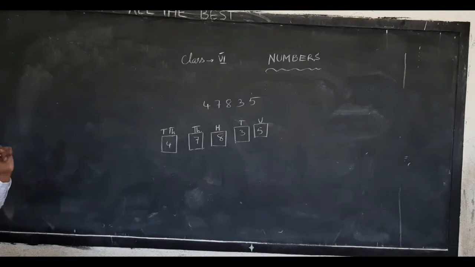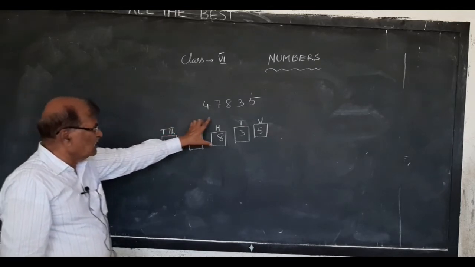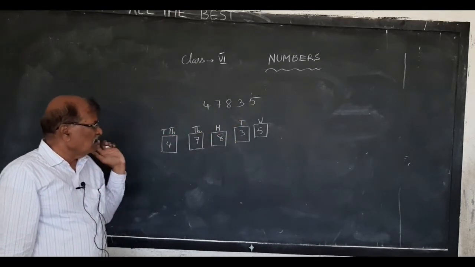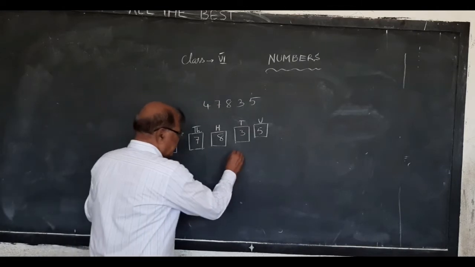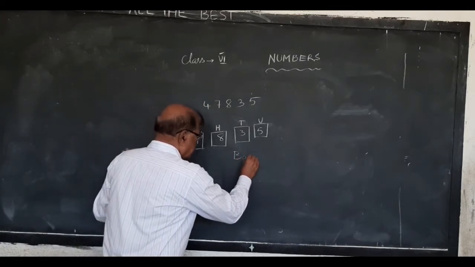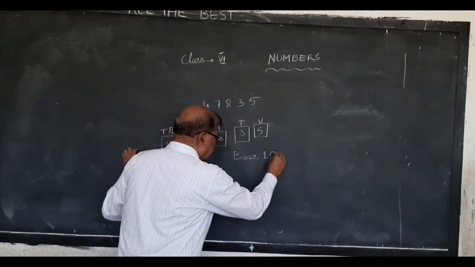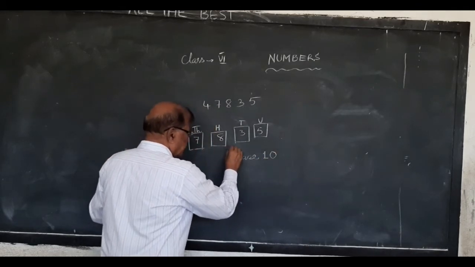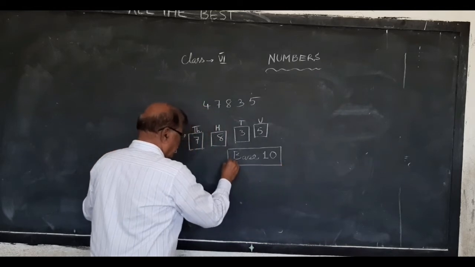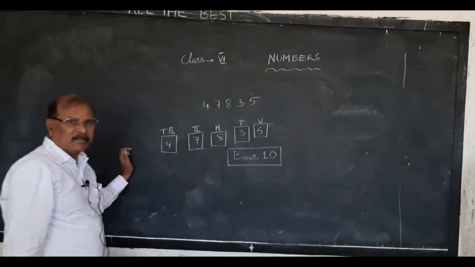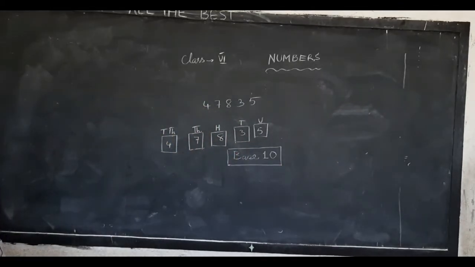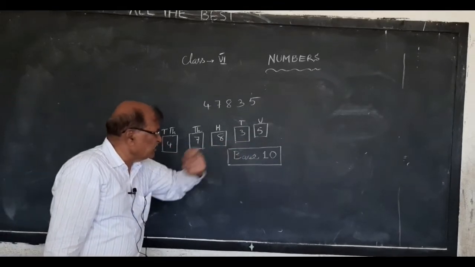So the number system which we are learning is base 10. Though it is not explained in your textbook, you need to know what is base 10. So we take 10 as a unit.